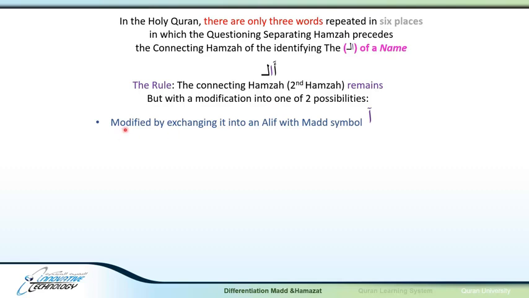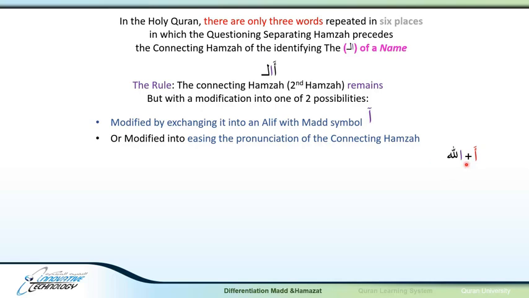The first possibility is modifying it by exchanging it into an alif with a mad symbol, but the reader has an option of easing the pronunciation of its connecting hamza. Remember the example we've given, Allah, we said we can modify it into a mad. This connecting alif or hamza can be modified into a mad.